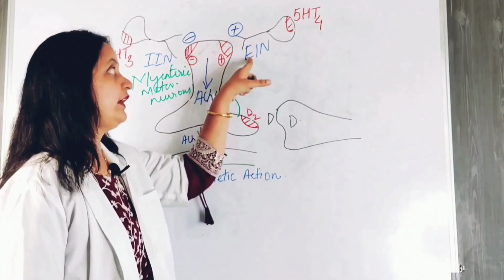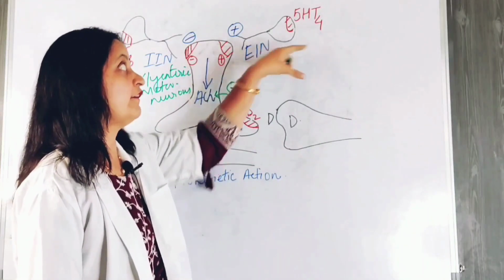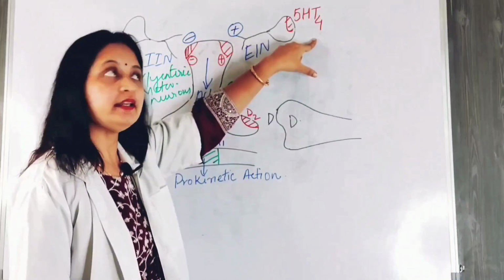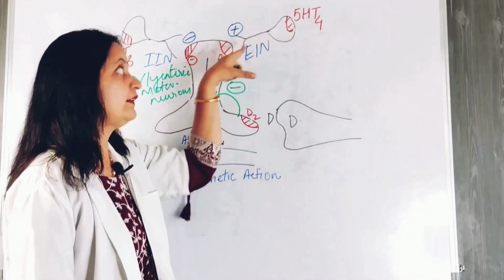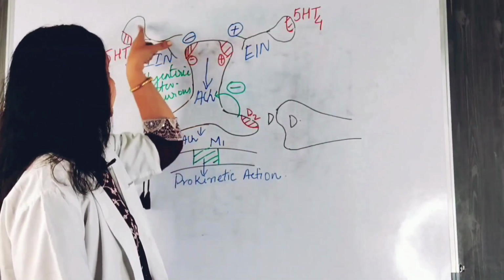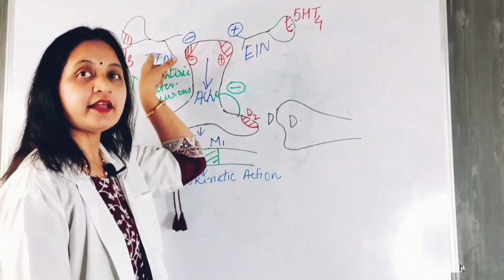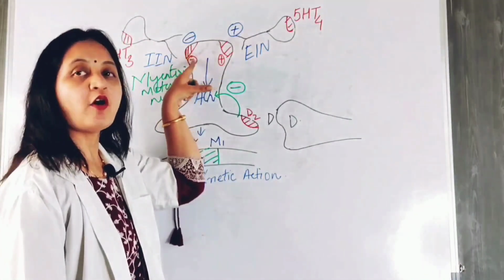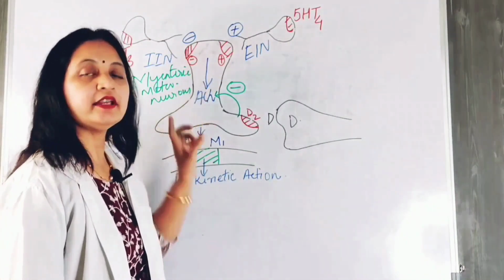Now the excitatory interneurons express the 5-HT4 receptors that are excitatory in nature and that stimulate the release of acetylcholine. Whereas the 5-HT3 receptors that are expressed in the inhibitory interneurons inhibit the release of acetylcholine from the myenteric nerve plexus.